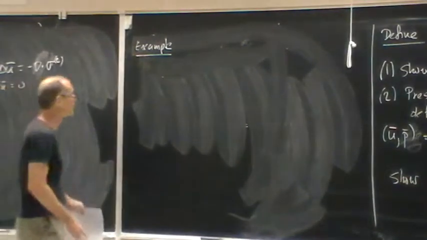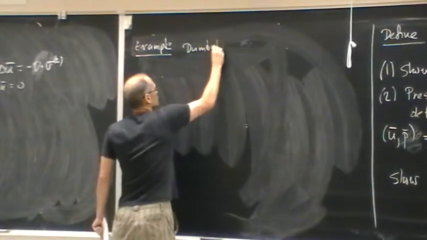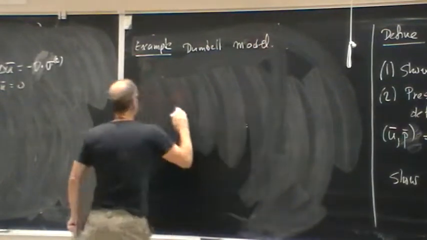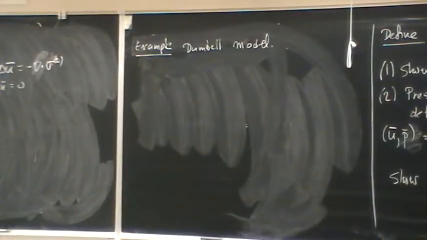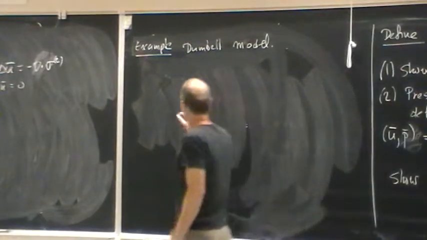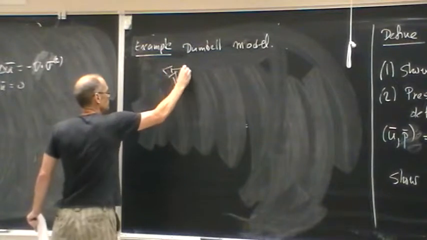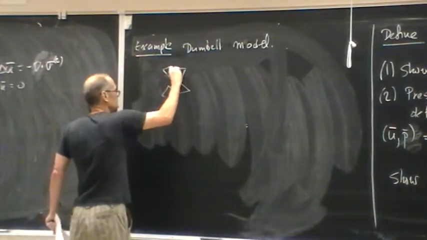Okay, so here's the classic example. It's called the dumbbell model. It's a very crude model for the stresses that get developed by a polymer coil under distension. So, I have some polymer chain. It's in some sort of random walk configuration. It's in the fluid.